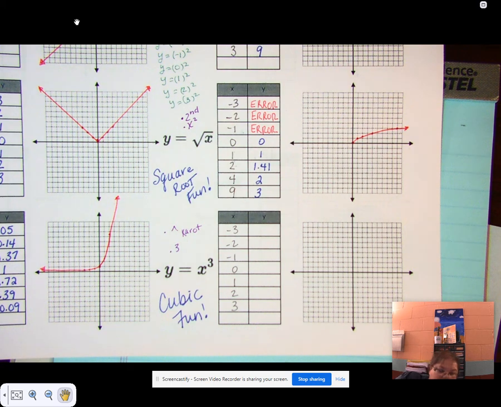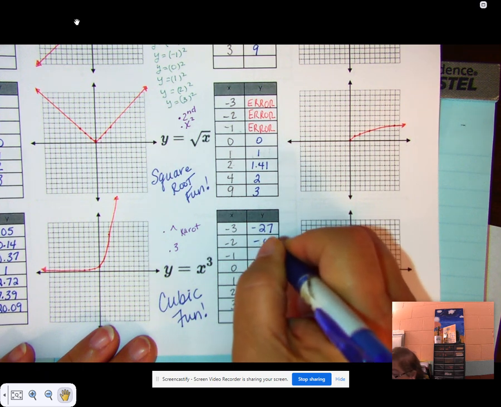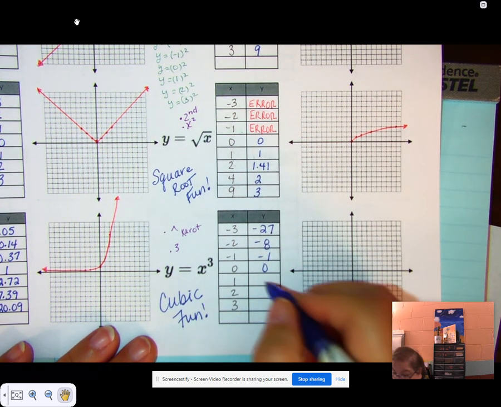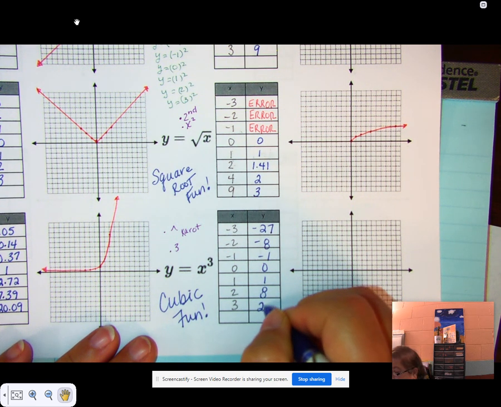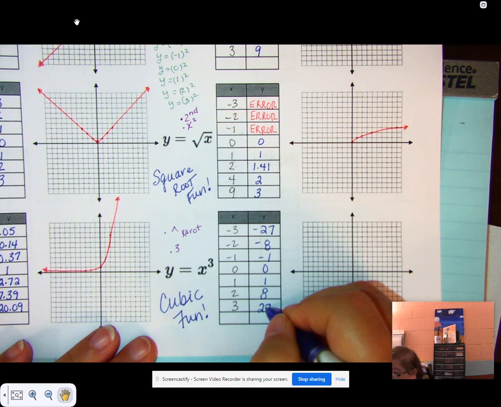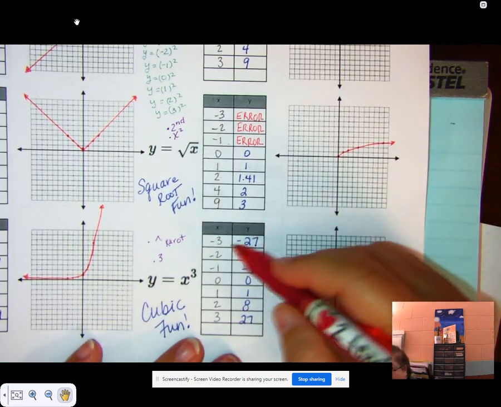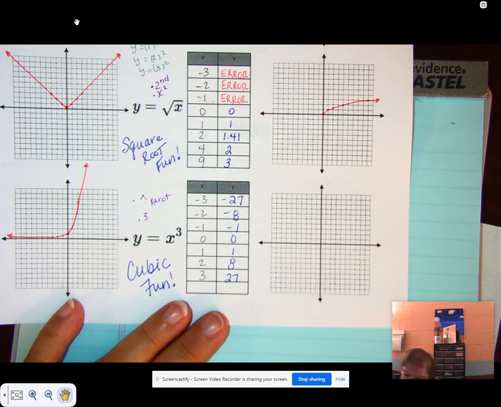Okay, so let's get our answers for that written in there. So we have -27, -8, -1, 0, 1, 8, and +27. Okay, so this is what a cubic function looks like. First of all, there is not a 27 on here for us to graph, so we're not graphing that.